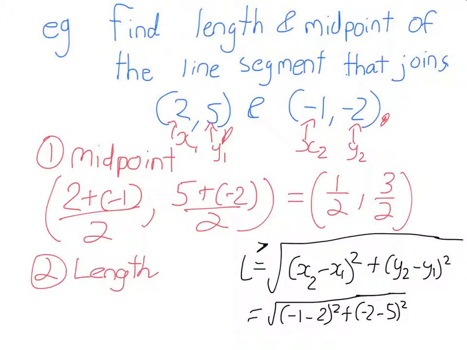And you can just chuck that on your calculator. Now the answer that you get is the square root of 58, okay? Because all this stuff under the square root equals 58. Now if your question says give the exact answer, you have to write square root of 58. Otherwise, you can just write 7.62, which is what your calculator tells you it is.